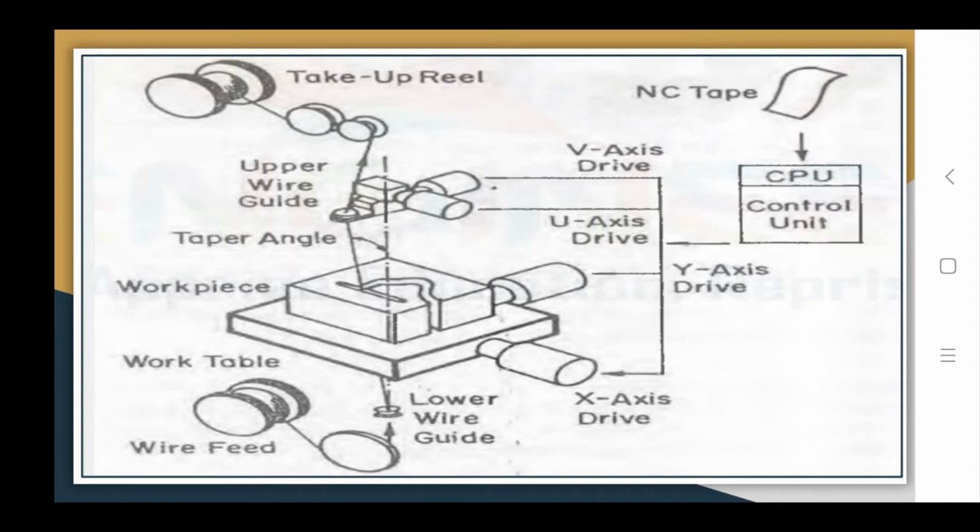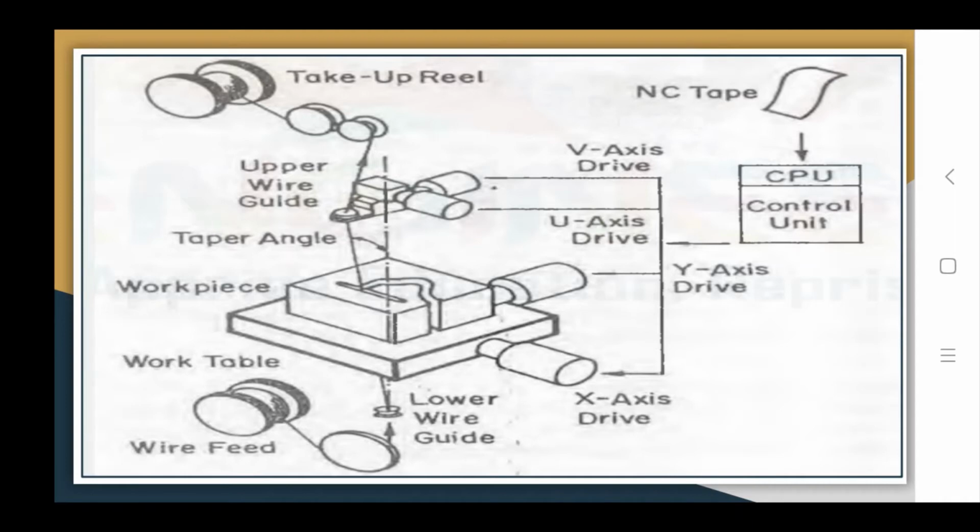The first is the power supply system. It is a DC pulse power system. The only difference between EDM and wire EDM is that here we are using a very small diameter wire as an electrode. So we cannot expect very big craters; we need very small craters.